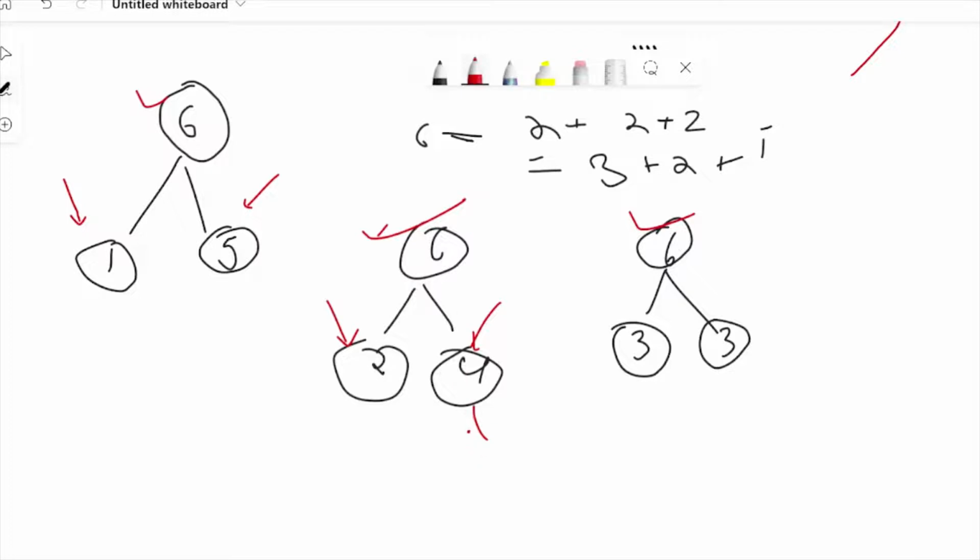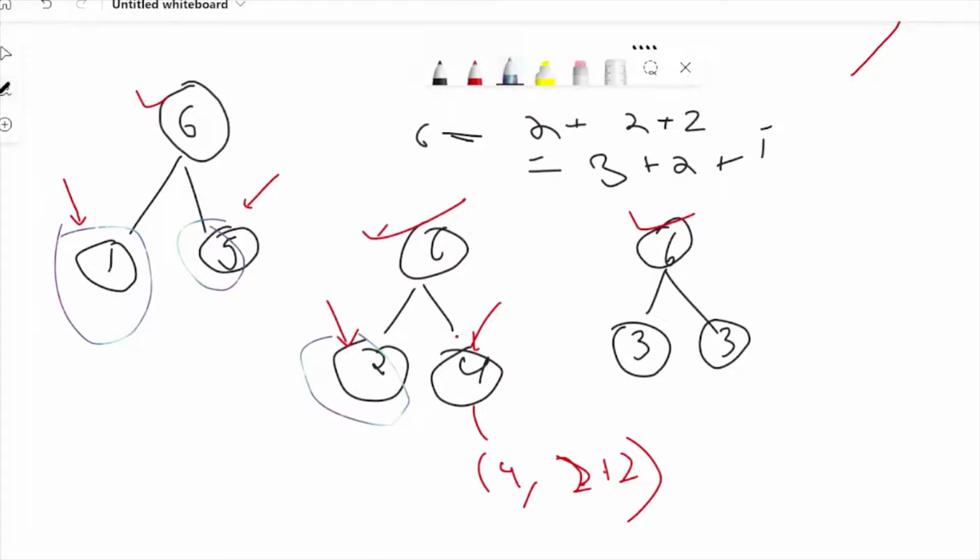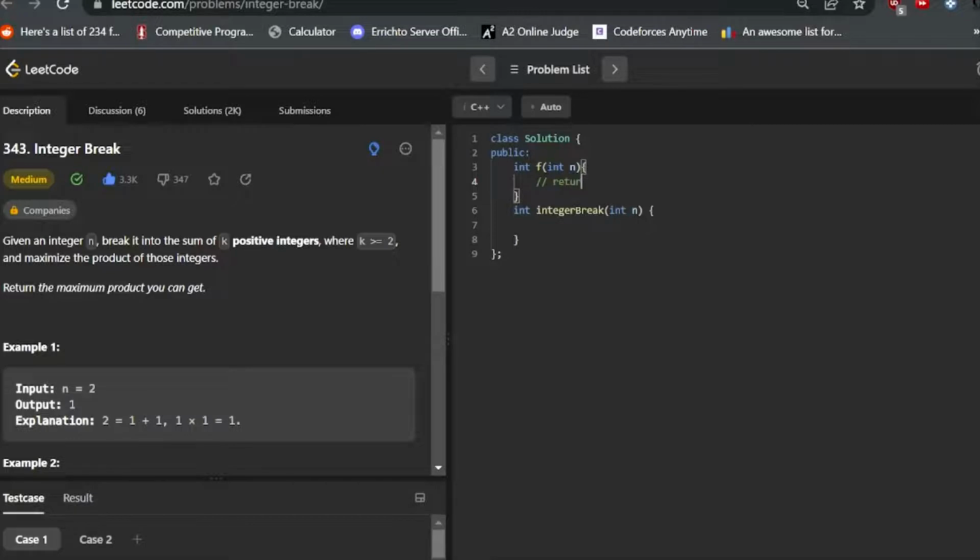So either you take 4, or you divide it into, for example, 2 plus 2. And for all these divisions, do the same on all such divisions, this and this. So algorithmically, what it does is return the maximum product of dividing n into its components.